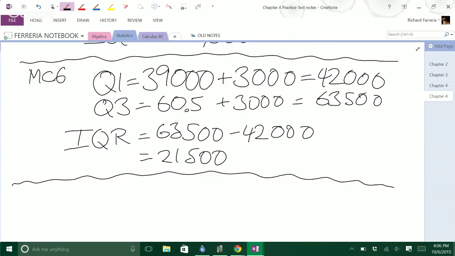Number 7. The rental values of a sample of 4 apartment complexes are 470, 600, 580, and 550. Standard deviation. Yeah, don't do this by hand. Don't be crazy.